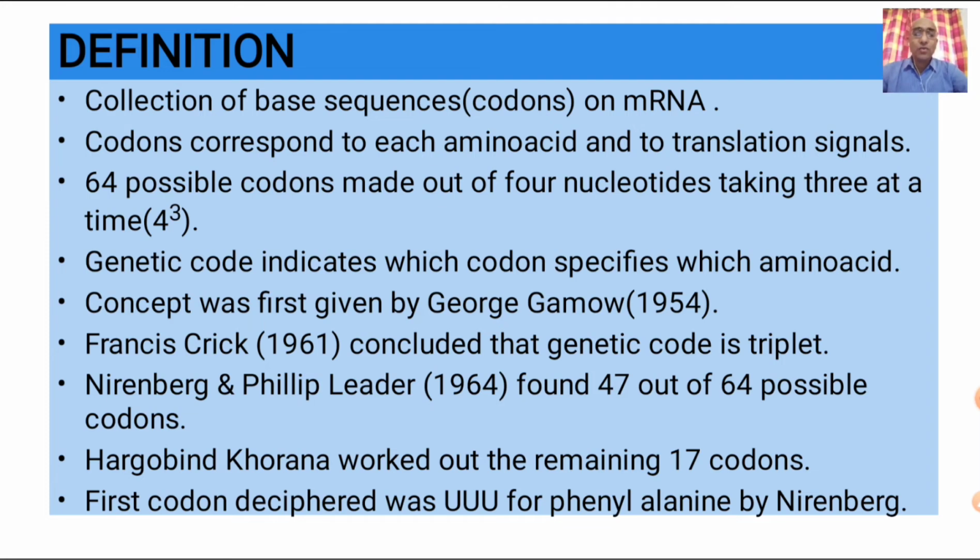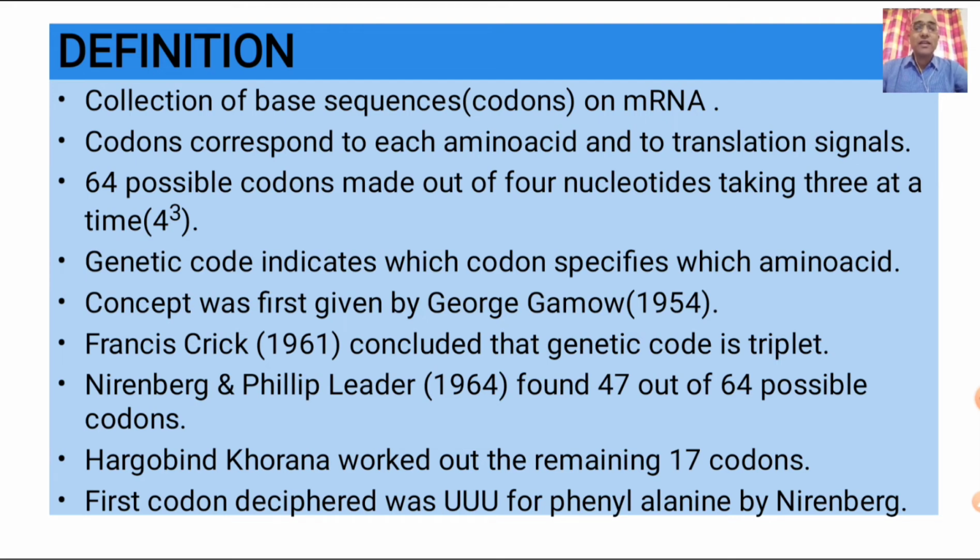The genetic code indicates which codon specifies which amino acid. The concept of the genetic code was first proposed by Gamow in 1954. Later, many workers did considerable work on it, such as Francis Crick, the discoverer of DNA along with Watson.